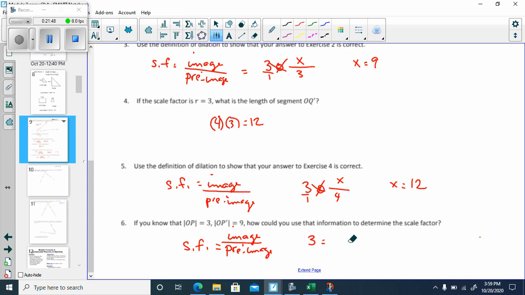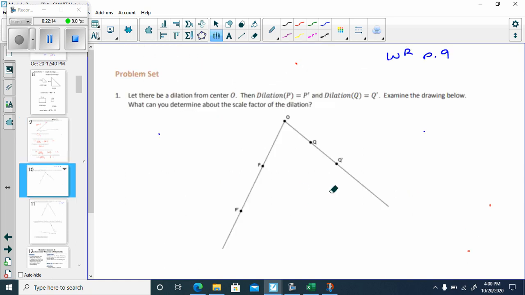That's equal to the length of the image, which is 9, over the length of the pre-image, which is 3. Now look, if you didn't know what the scale factor was, and you put in the length of the image over the pre-image, that would give you your scale factor, which is 3. Simple enough. Now, this is on workbook page 9.